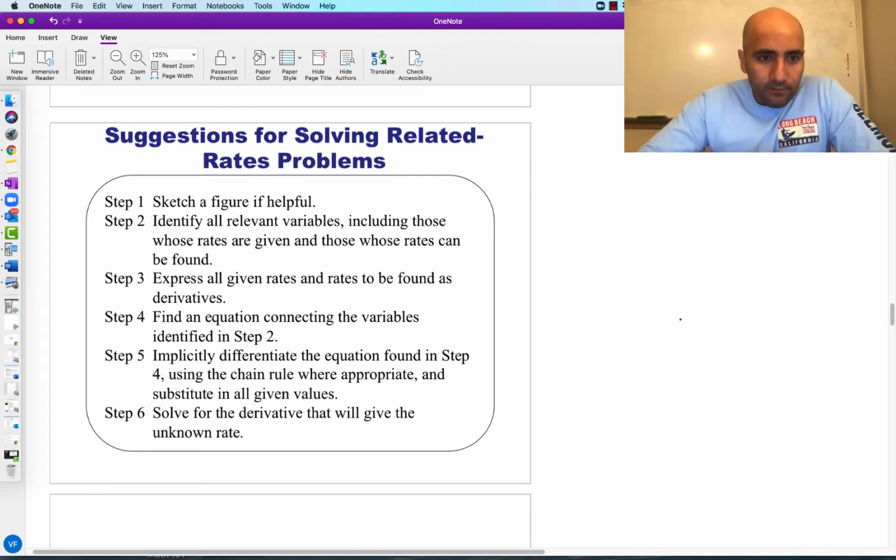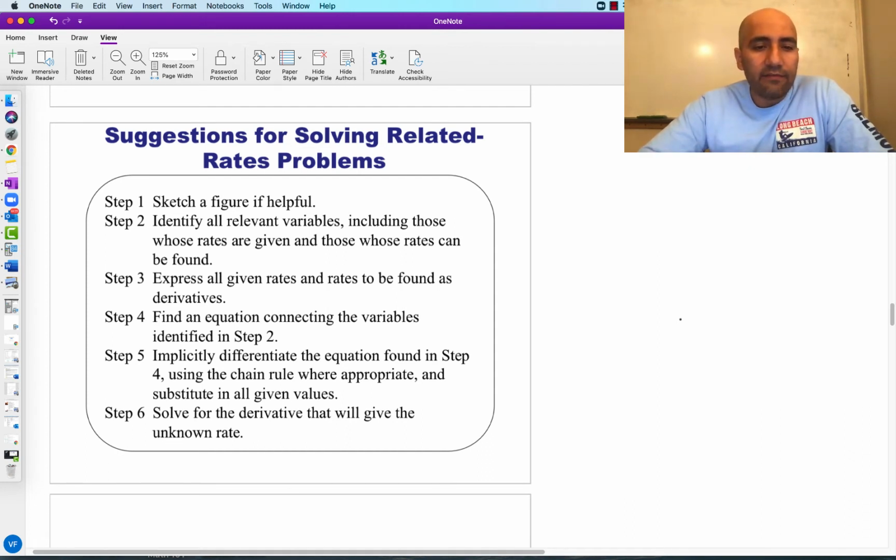So keep that in mind. Step 3, express all the given rates and rates to be found as derivatives. Be careful with which variable you want to take the derivative of with respect to which variable. Time is often a very popular variable to use, but that's not always the case, so be careful. Again, experience will help with that.